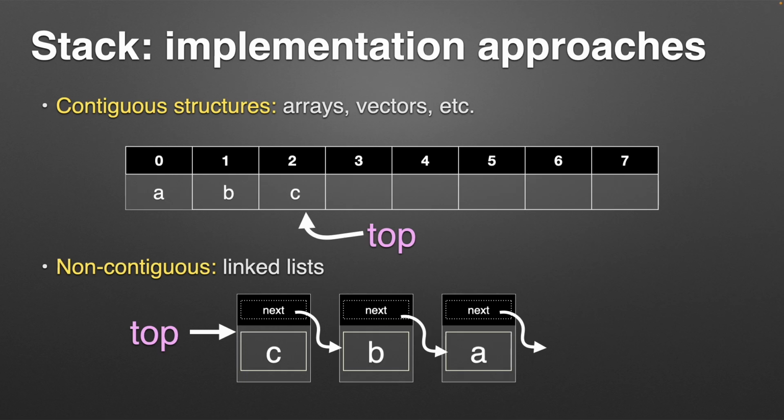One is, if you have just an array, a chunk of memory, you can simply store the elements in the array and keep track of where the top of the stack is. Because of the way you add and remove, you only have to add this way and remove this way, which is very nice.